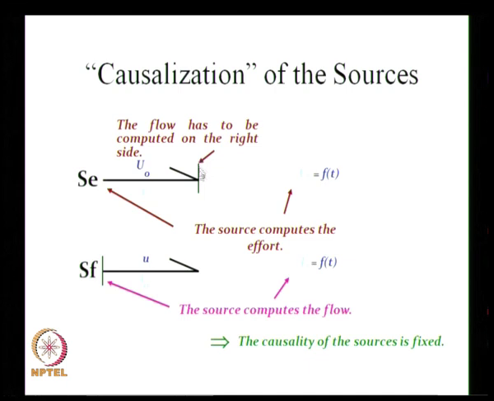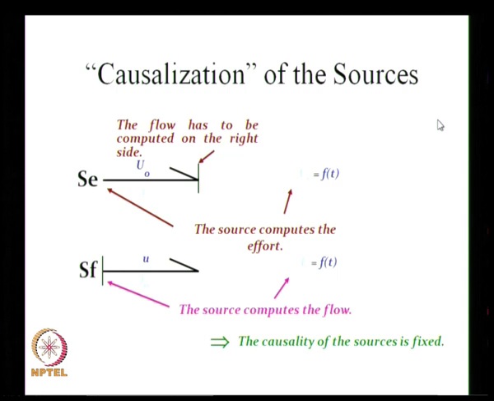For the source effort you will always have a causal stroke here, and for the source flow you will have a causal stroke at the other end, or the left side of the bond. So the causality of the sources is fixed, you cannot change it, because the source computes the effort in one case and the flow in the other.